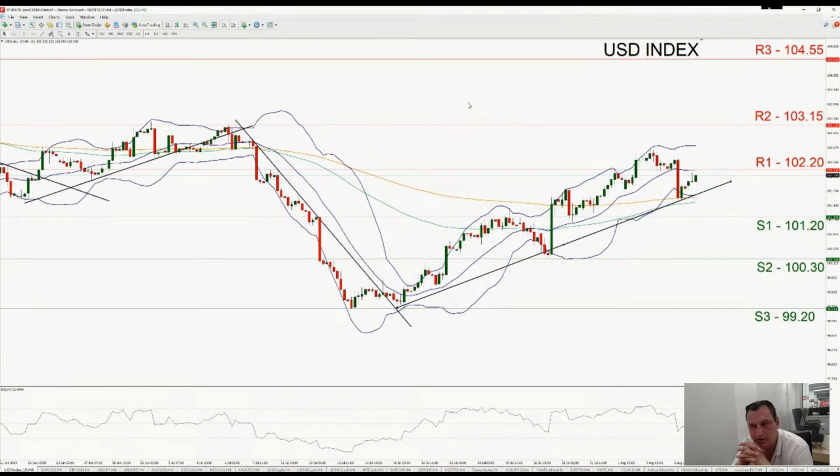Should there be an acceleration as expected, we may see the market's expectations for the Fed to remain on hold being overturned for September. That may be sending a bullish signal out, a hawkish signal out, sorry. Now back to the technicals.